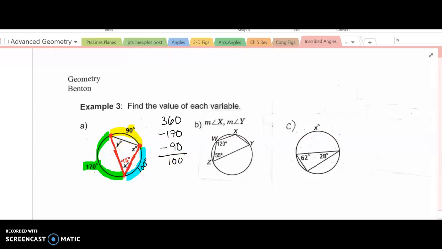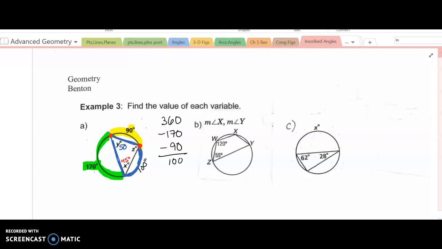Okay, then the next one, I'm going to erase my red here. The next one I'm going to trace is going to be Y, since we're going in alphabetical order. And so half of 100, 100 is going to be that intercepted arc, would be 50. So now you have options because you already know two angles in the triangle.